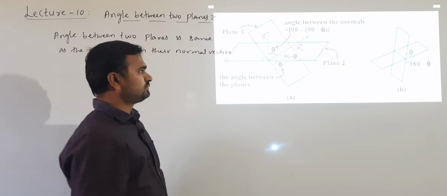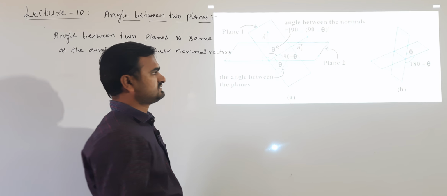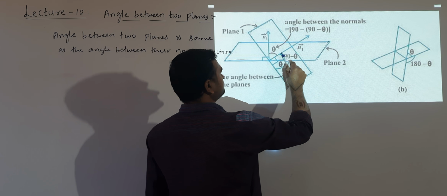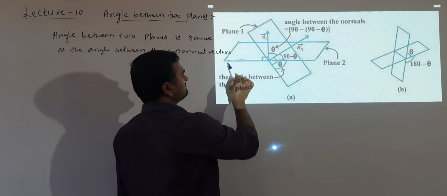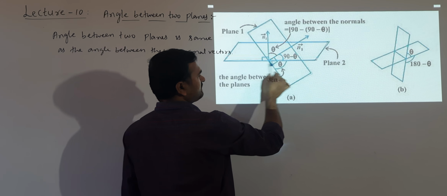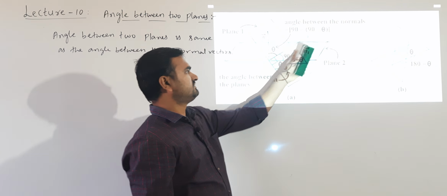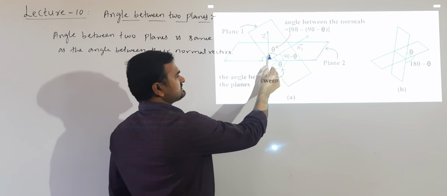That angle between the two planes will be the same as the angle between their normal vectors. For the first plane, this is the normal vector, n1 bar. For the second plane, the normal vector is n2 bar. The angle between these planes is the same as the angle between these normal vectors.